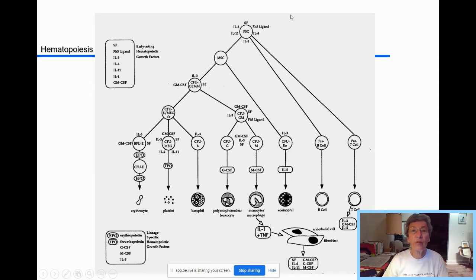This is a pluripotent stem cell, the multipotent stem cell, the colony-forming units that form red cells, platelets, and a variety of white cells, or the lymphocyte lineage, which goes off on the other tangent, if you will.